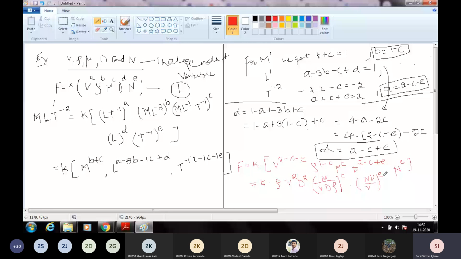So we just say that at the last, F divided by rho V square D square, if you take it to the left hand side, is equal to a function of the two terms, that is rho V D divided by mu and ND divided by V. Where the right hand side represents a function of the Reynolds number rho V D by mu and the parameter ND divided by V. So rho V D by mu is actually the Reynolds number.